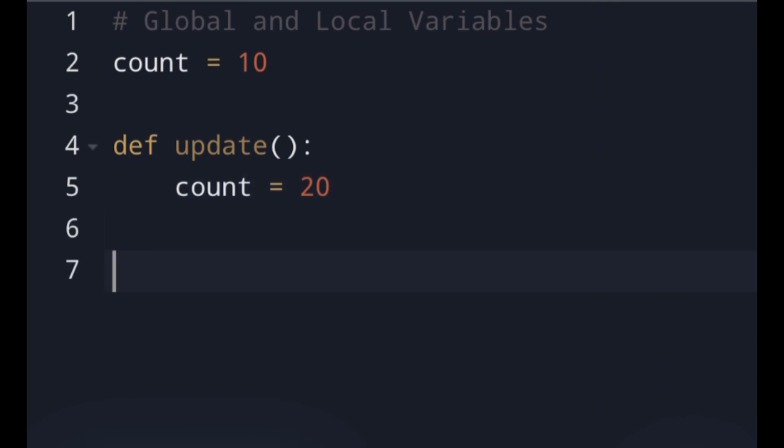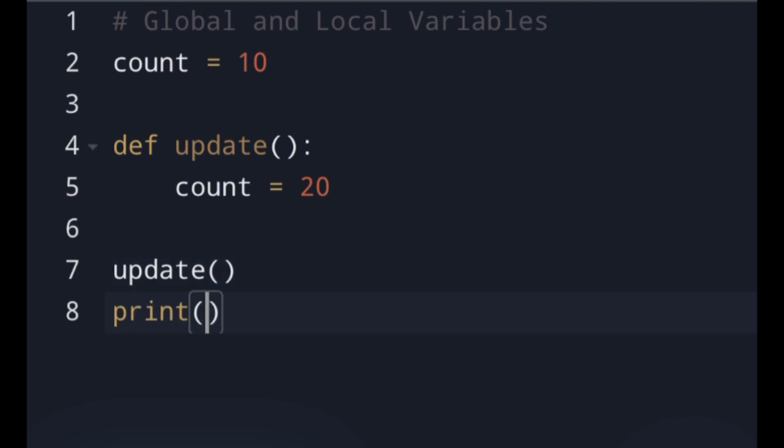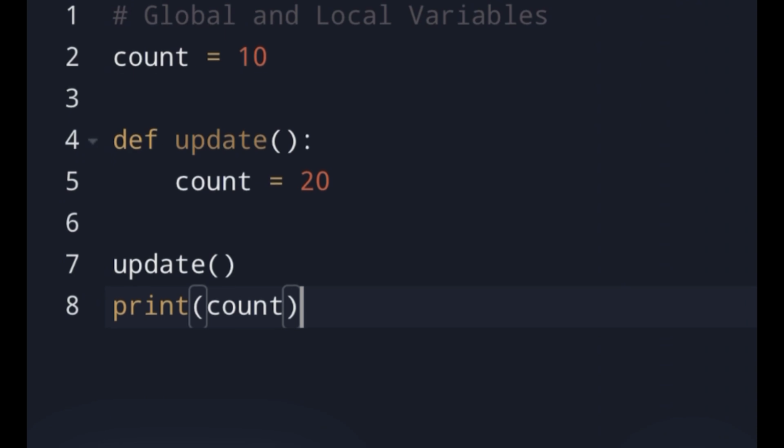I will come out of this function, call update, and print count. So what do you think the output will be? According to you, should it be 10 or 20? Let's see the output.